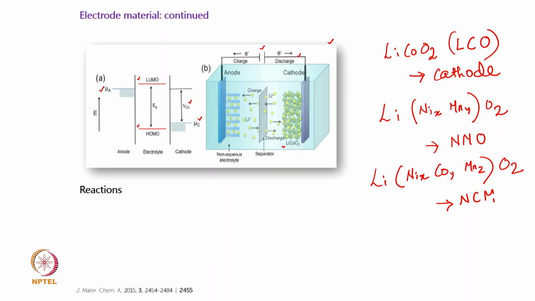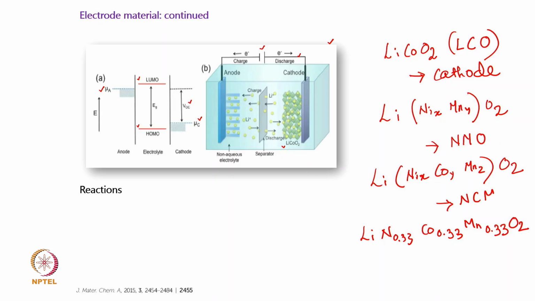It became very popular when people found one particular composition, with nickel around 0.33, cobalt around 0.33, manganese also 0.33, and oxygen. People found this composition of NCM very good because it gives a very good energy density for a lithium ion battery.